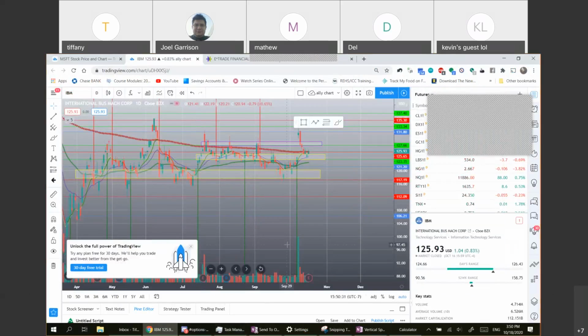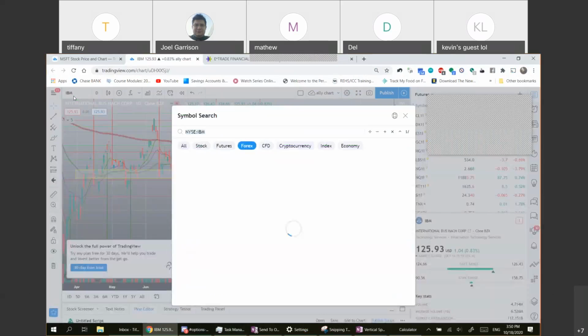How do you find these types of trades? The major thing you want to find for really good credit spread strategies is tickers stuck in a range, like IBM, or a really strong ticker that loves to consolidate before a big move.